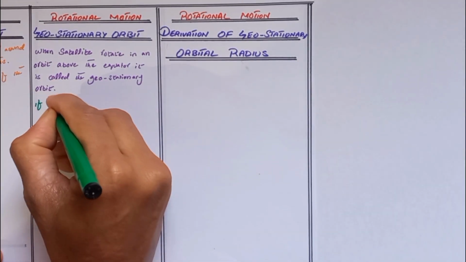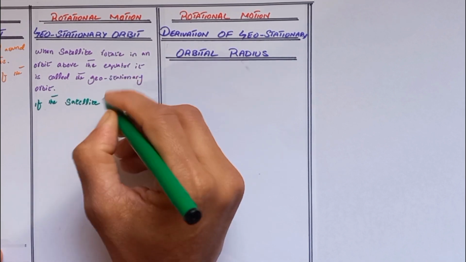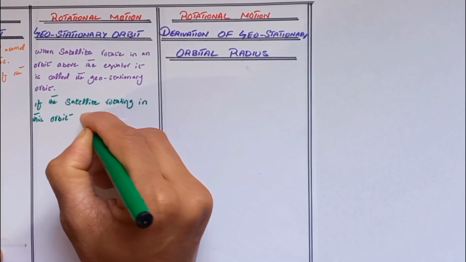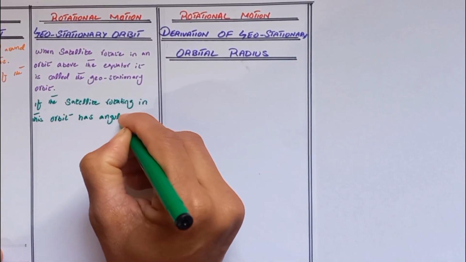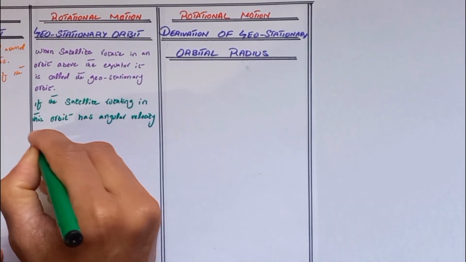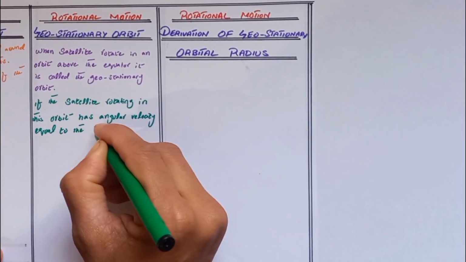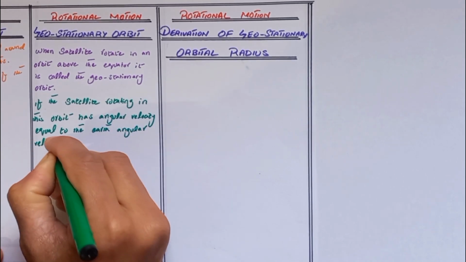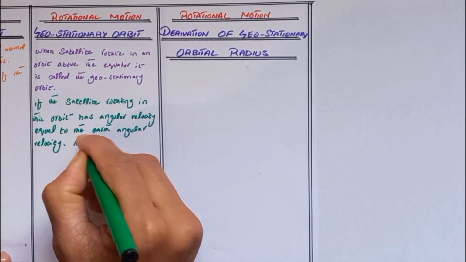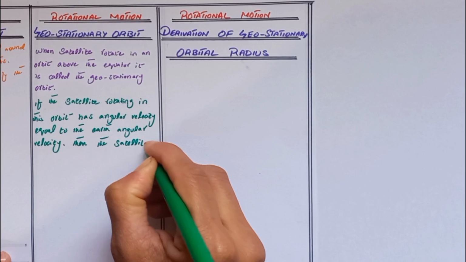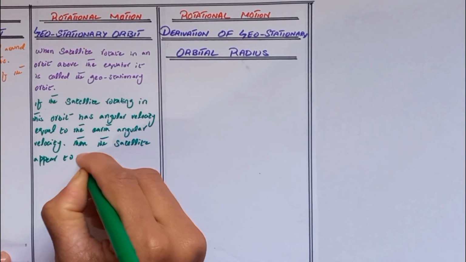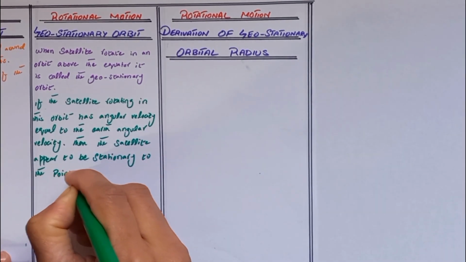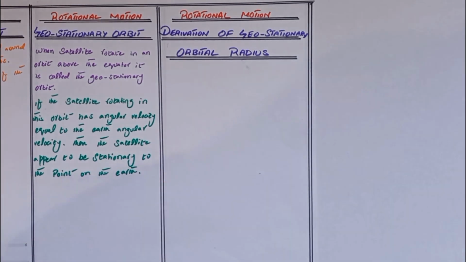If the satellite rotating in this orbit has angular velocity equal to the earth's angular velocity, then the satellite appears to be stationary to a point on the earth.